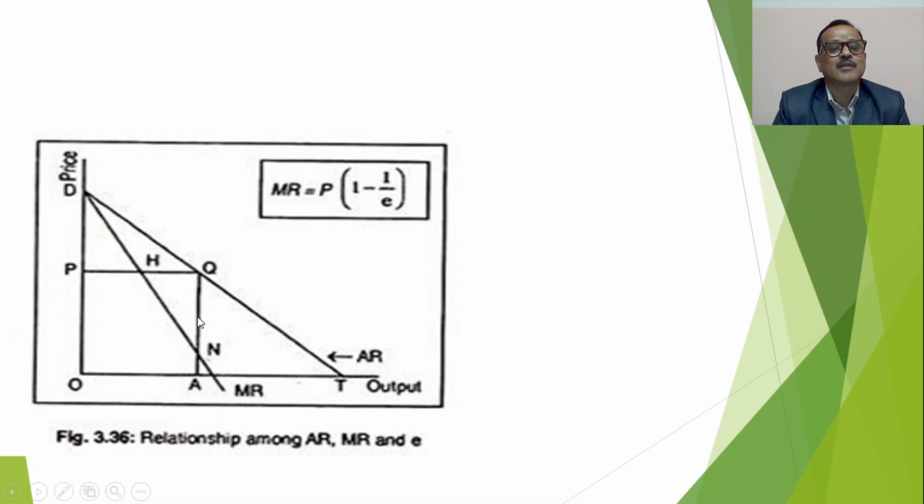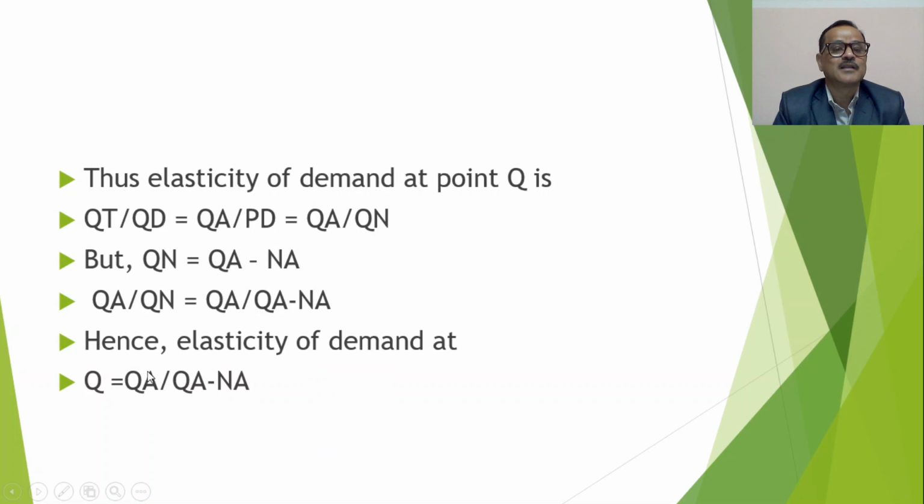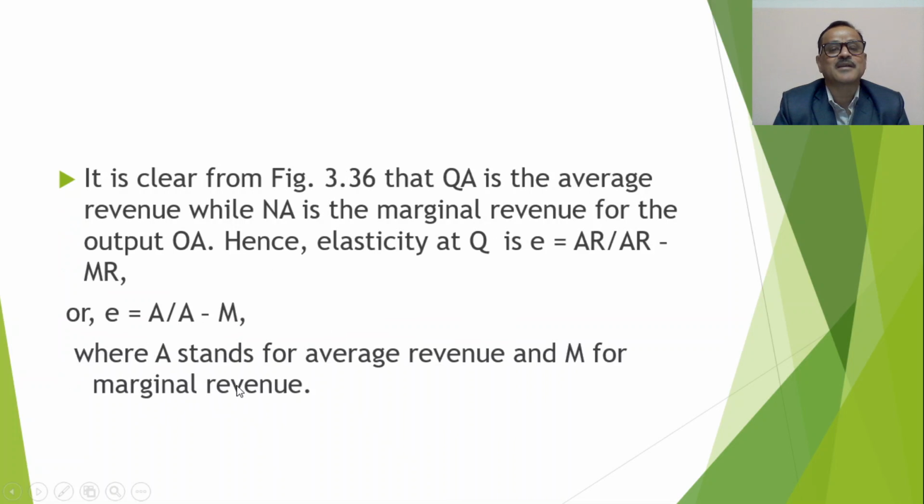This is cut by the marginal revenue line, so this is marginal revenue, and this is cut by the average revenue line, so this is average revenue. Hence elasticity at Q is E equal to AR by AR minus MR. You can see this QA is AR and QA minus NA is MR.